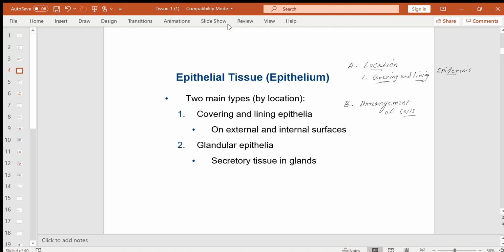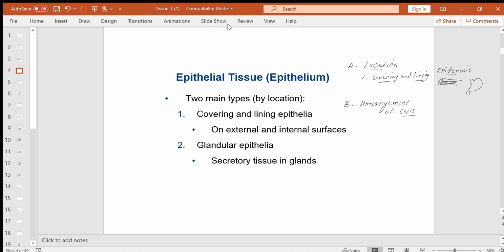I also mentioned the inner lining of tube-like organs, right? Like arteries, veins, your trachea, respiratory tract, GI tract, intestine, right? And the inner lining of the hollow organs, stomach, gallbladder, urinary bladder, uterus.